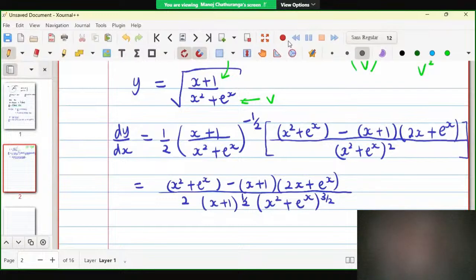So today we will study a few other rules that allow us to differentiate more functions.